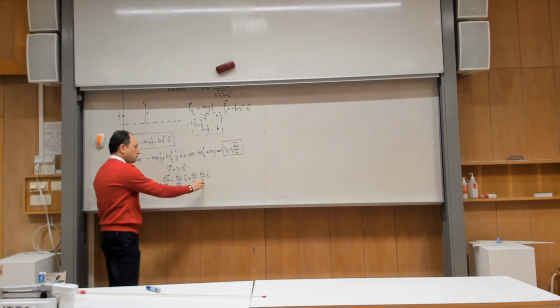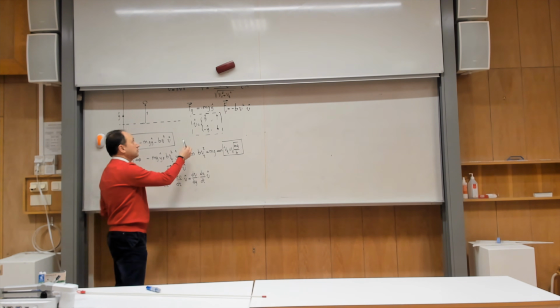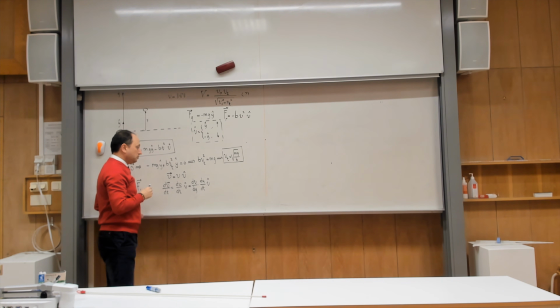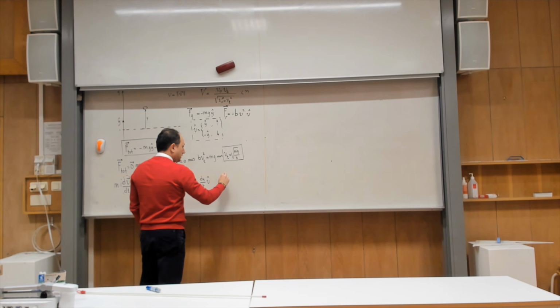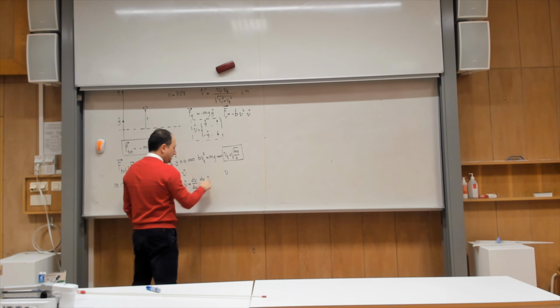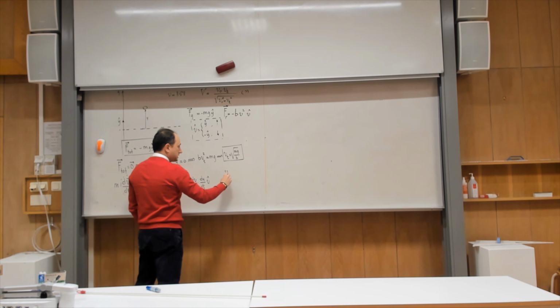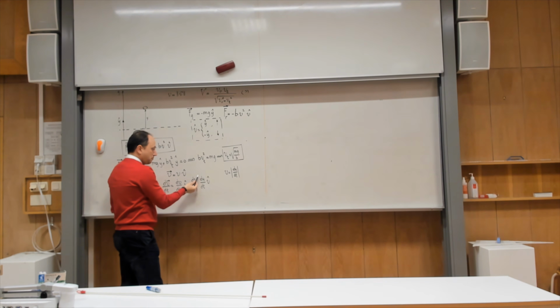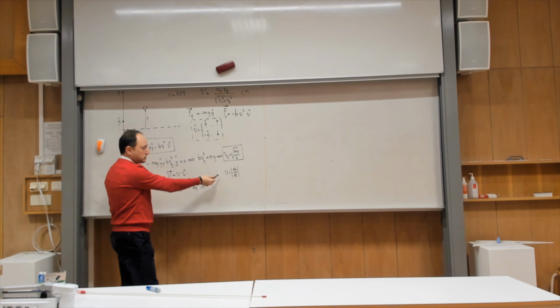This is why I cannot write just v, because I am using v for speed, not velocity. But if I ask you what is the relation between speed and this quantity, I would say that the speed is equal to the absolute value of dy dt. So the magnitude of velocity is the speed.